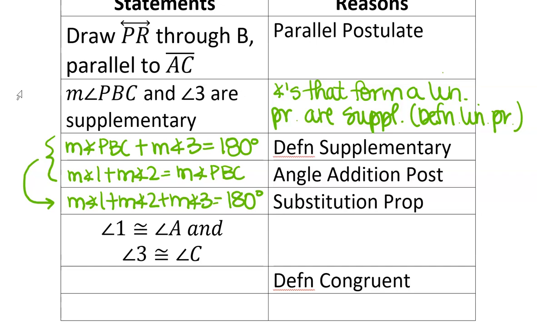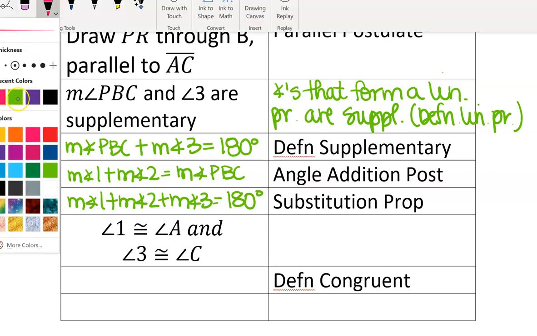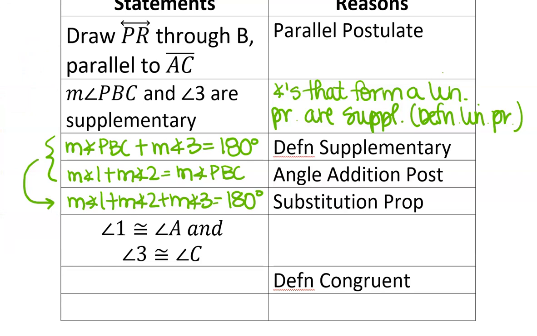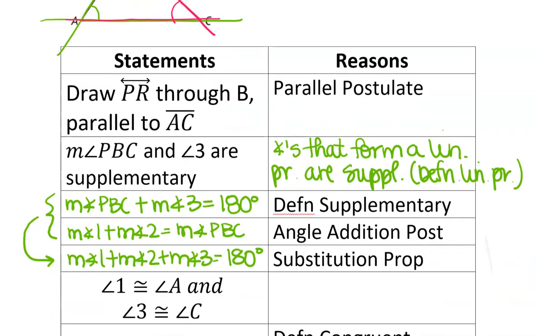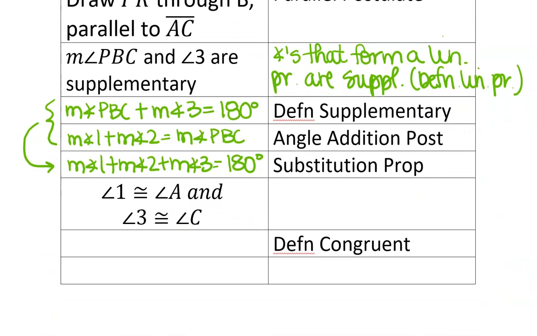So we're going to say alternate interior angle theorem. The reason it's just the basic theorem is because we already know that those lines are parallel, because they gave us that triangle up there, and they talked about the parallel postulate already. So we're going to say alternate interior angle theorem.